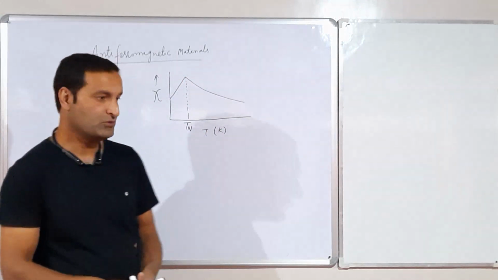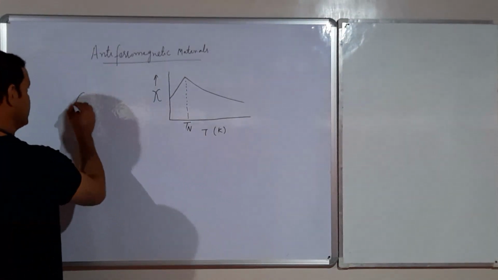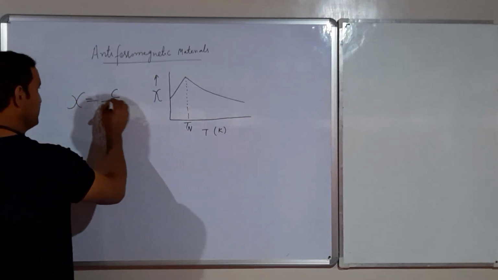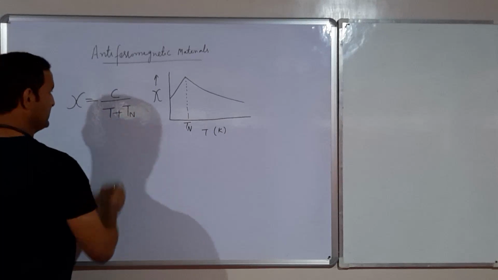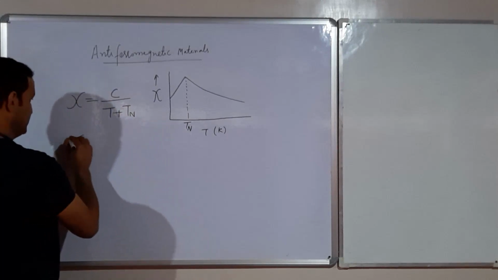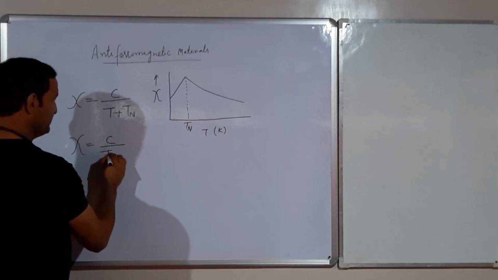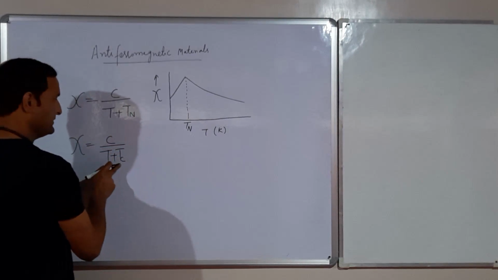So we can write the susceptibility in this case as C upon T plus Tn. In the case of ferromagnetic, if you remember, this was equal to C upon T plus Tc, where Tc was the Curie temperature.